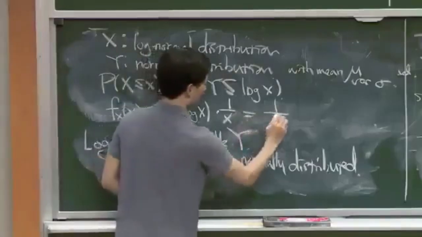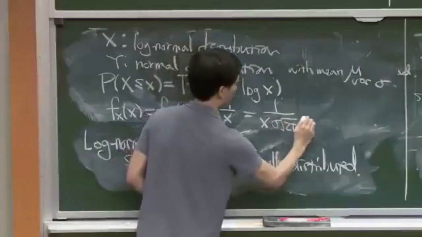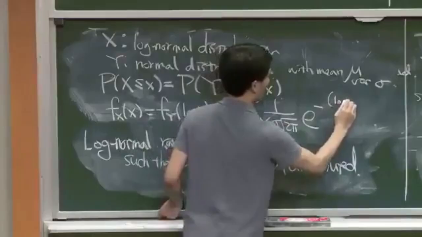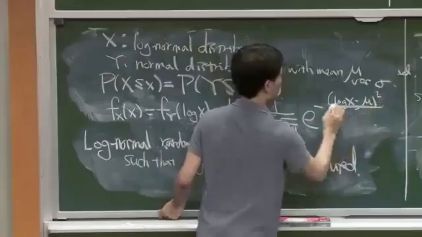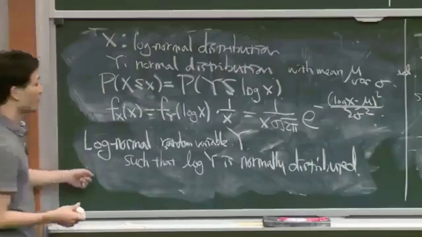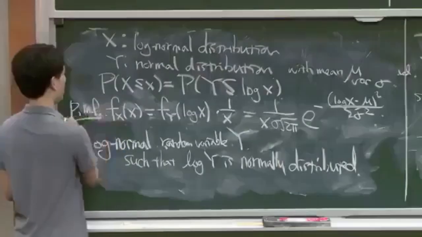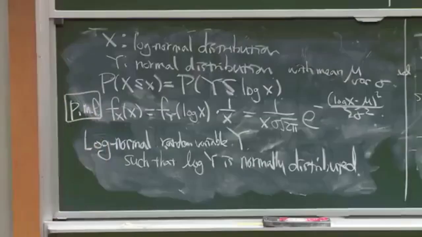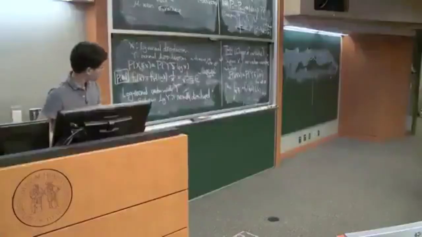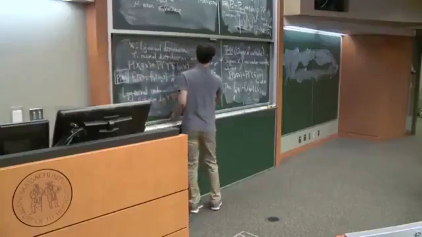So it becomes 1 over x sigma square root 2 pi, times e to the minus (log x minus mu) squared over 2 sigma squared. So the log normal distribution can also be defined as a distribution that has this probability density function. You can use either definition. Let me just make sure I didn't mess up in the middle. Yes, and that only works for x greater than 0.